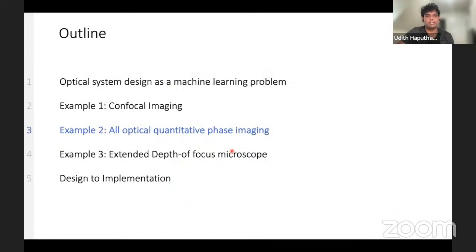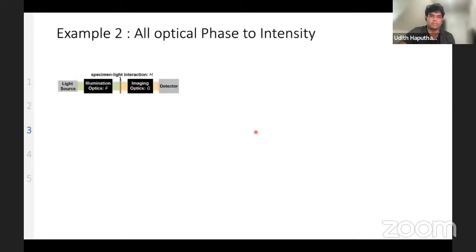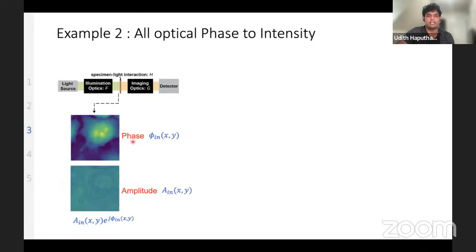As a second example, I use quantitative phase imaging, the phase imaging setup. Here we have a sample which has a phase with a lot of information, but the amplitude contains very low contrast information.